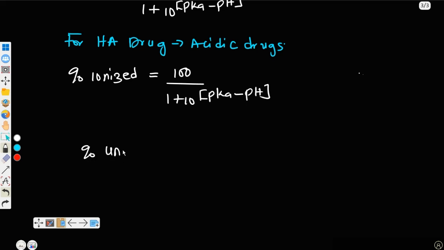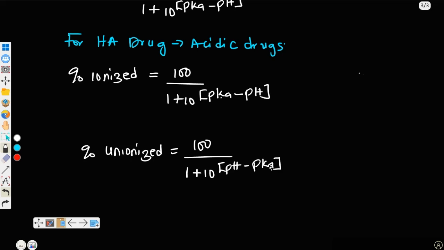Percentage unionized for acidic drug will be still the same 100. Please take note. Don't go and make this silly mistake. But the difference now will be pH minus what? pKa. Is that okay? So you have pH minus pKa. This is the only difference for acidic drugs.